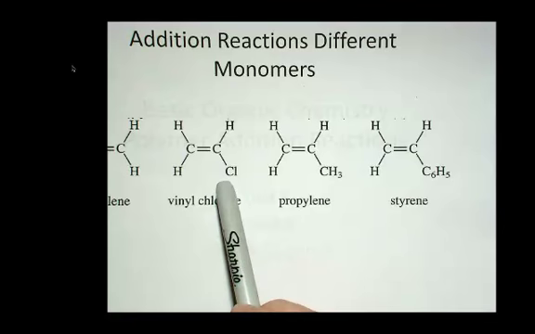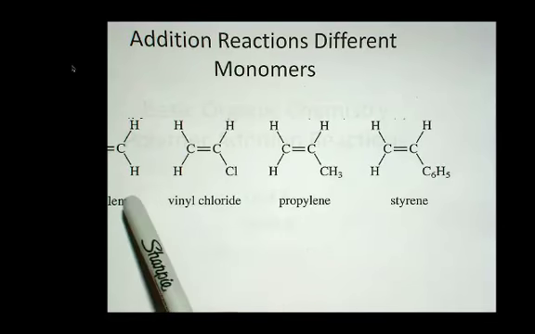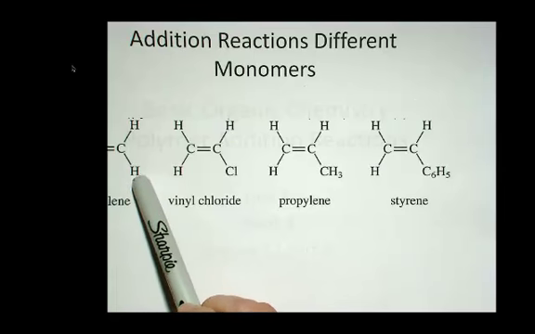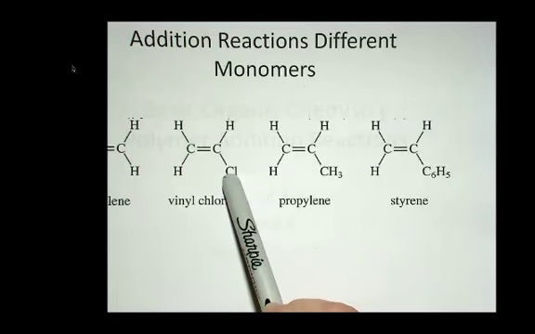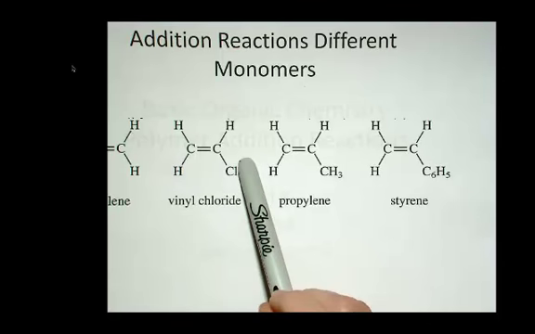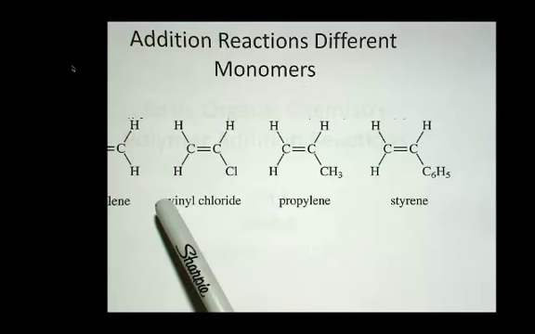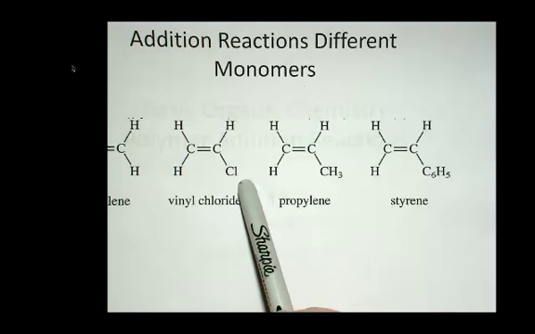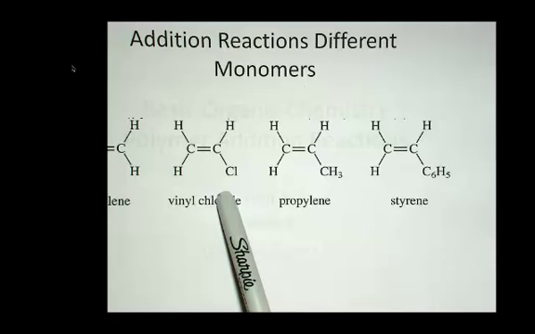This particular monomer is called vinyl chloride, and you can see that the hydrogen on the ethylene has been replaced with a chlorine atom. So we say the hydrogen has been substituted with a chlorine atom. That gives us a new monomer.